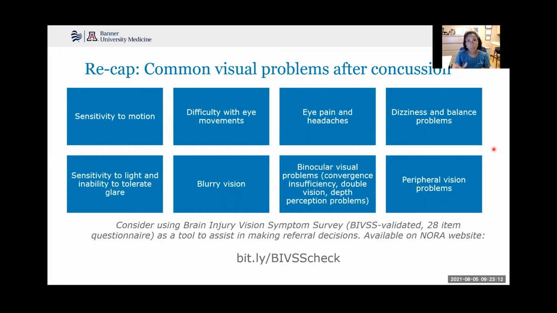So I believe on the PDF of the file here, it even tells you if higher than this number of symptoms, consider referral. So you can use this tool as a way to bridge that, do I think there's a visual problem here more than just my suspicion? Utilizing this survey is a great tool for that. And here at the bottom, I have a little link. If you type this into your Google search, you should be able to pull up the PDF of that survey.